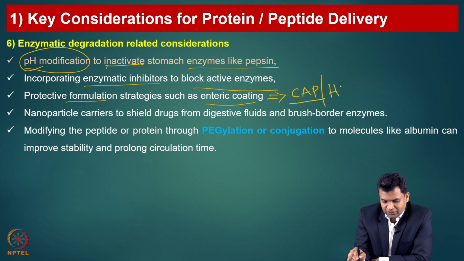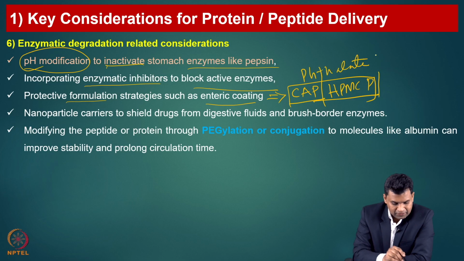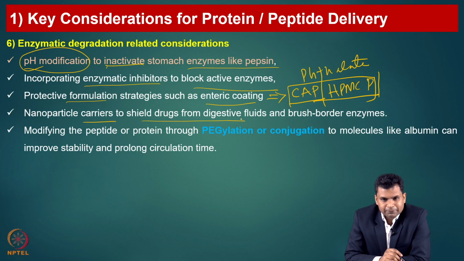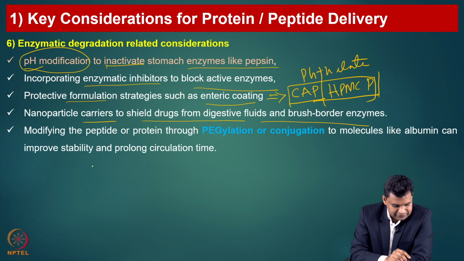Also you can use hydroxypropyl methyl cellulose phthalate. Such phthalate derivatives can be used for enteric coating. Nanoparticles will definitely protect from all types of degradation, help with controlled release, and can also be used for targeting.